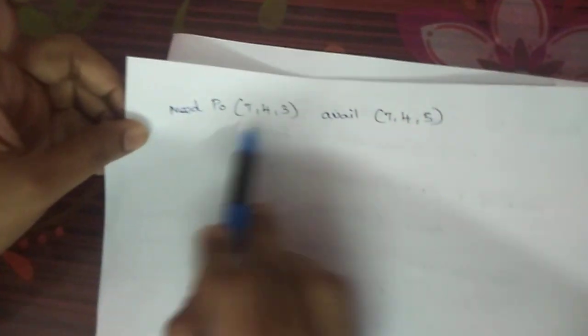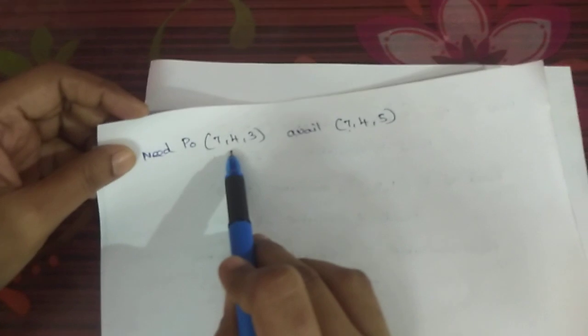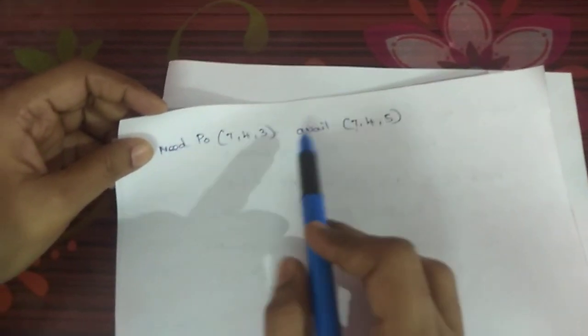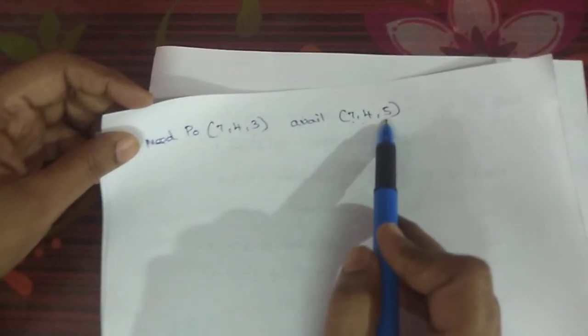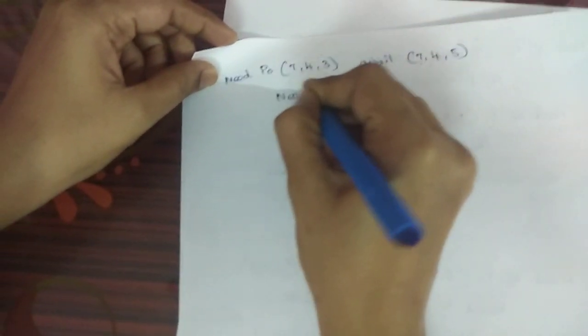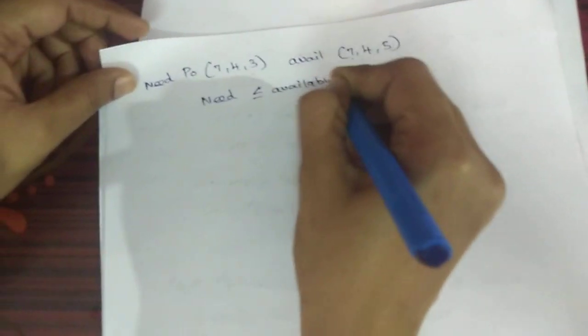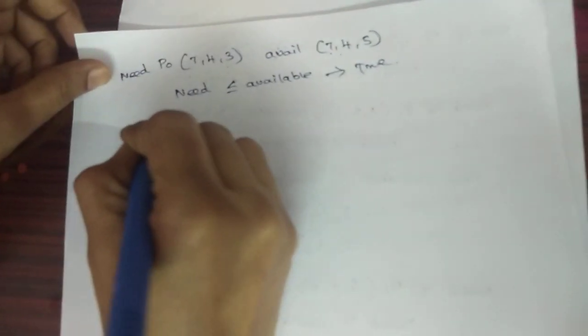At this time we check 7 with 7. It is equal, so 4 equal to 4, it has been granted. 3 is less than 5. So need is less than or equal to available. The algorithm tends to true. So we are going to calculate the new available.